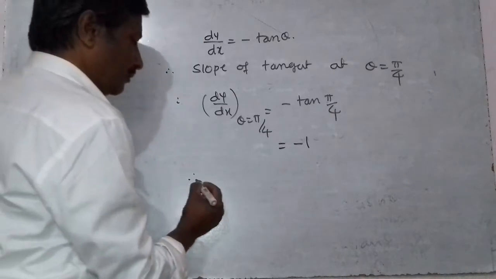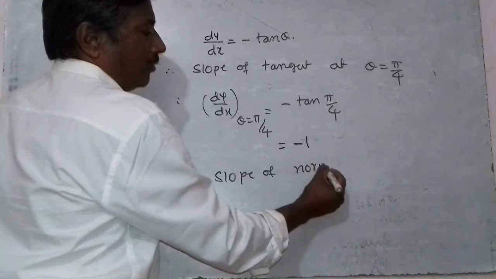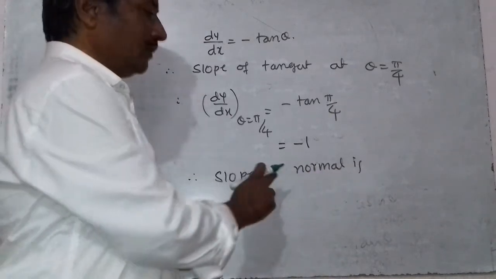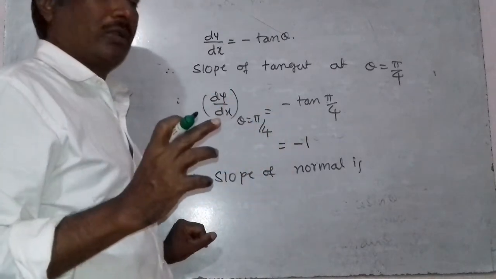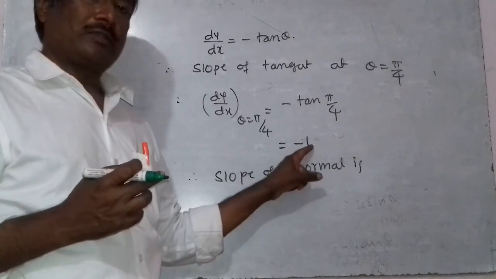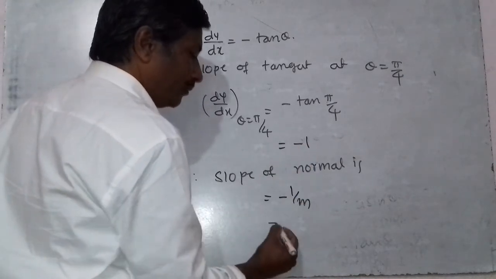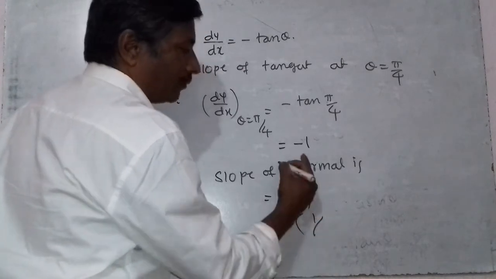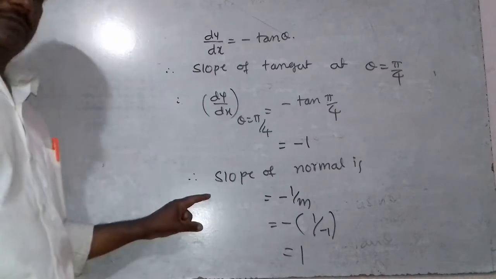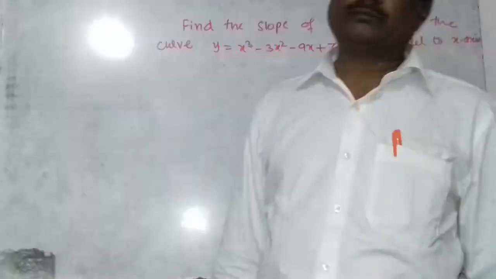Since the normal and tangent are perpendicular, the slope of normal is the negative reciprocal of this, minus 1 upon m, minus of 1 upon minus 1, which equals plus 1. The slope of normal is plus 1.